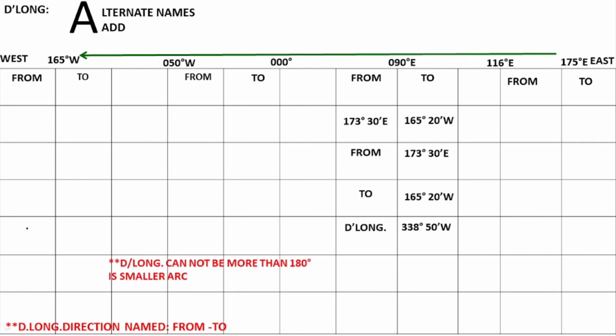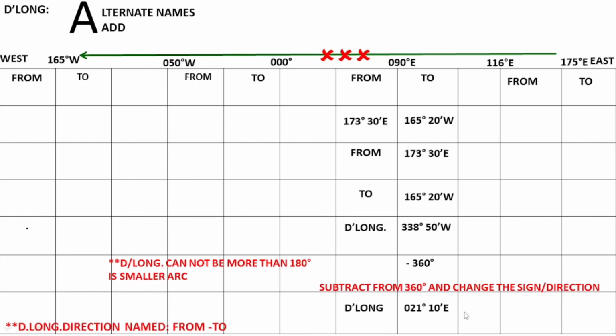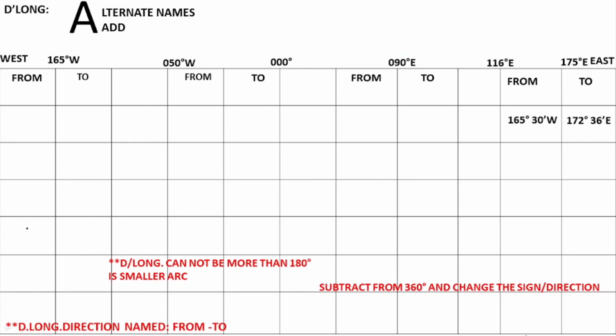As soon as it is above 180, I said it rings the bell in your head. Subtract it from 360 and change the sign of the D.LONG, or change the direction of D.LONG. And now here you can see from west minus 360 I've gone east. So it makes sense for me to be going easterly and coming to that point with a smaller arc.